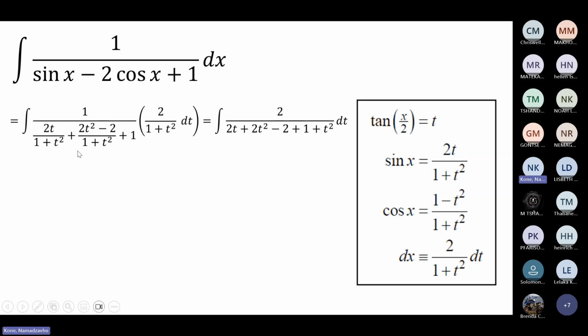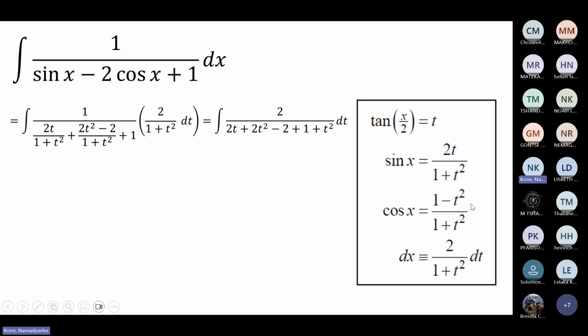And now I have got a plus here. Let me just check how this came about. Okay, now our minus 2 first will be minus 2 into 1 minus t squared over 1 plus t squared. When minus 2 multiplies 1, it becomes minus 2, which is this one.